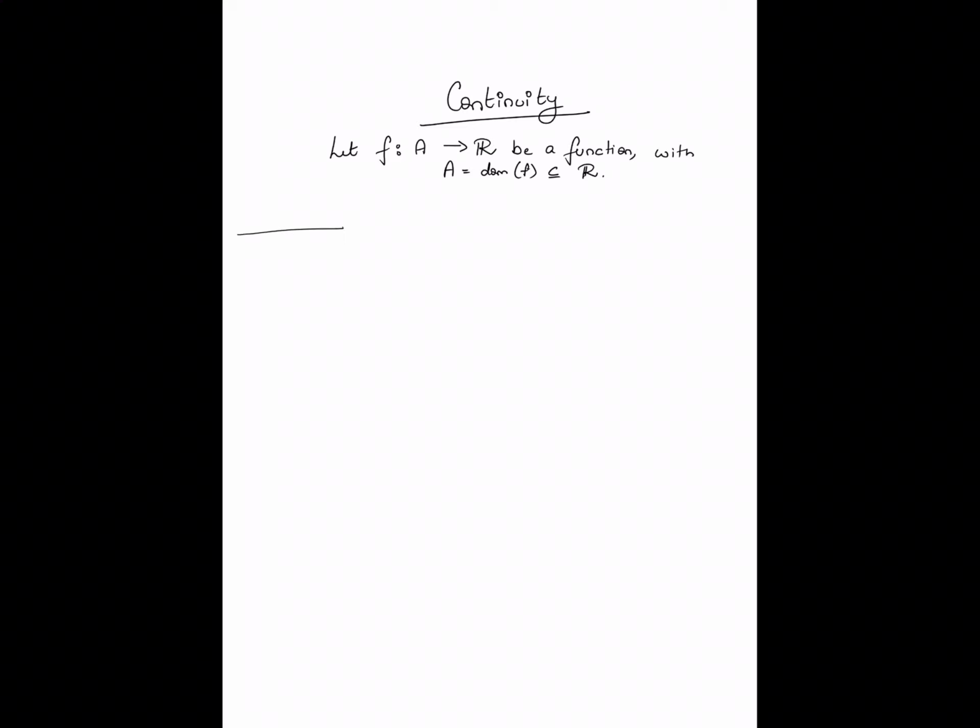So if I'm looking at some point x0, let's say, which is in the domain of the function, what we mean by saying that the function is continuous is, of course, that if you're trying to plot the graph of the function, then the graph is basically passing smoothly at the point x0.